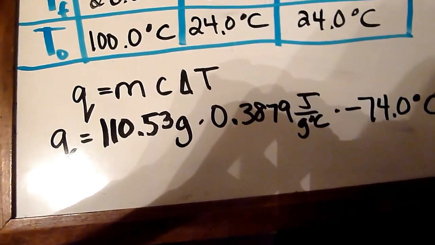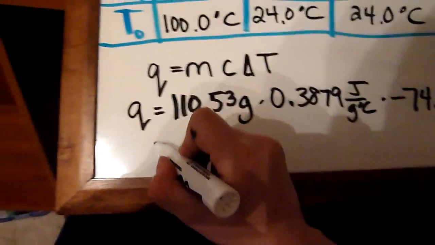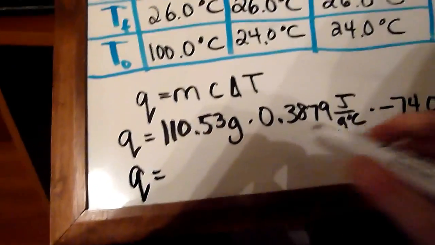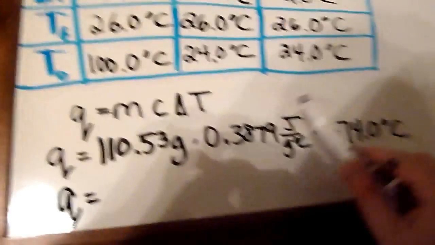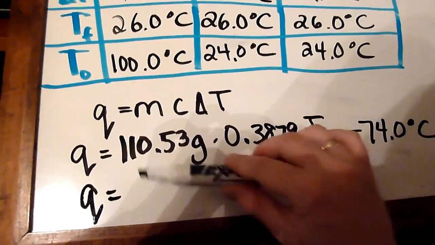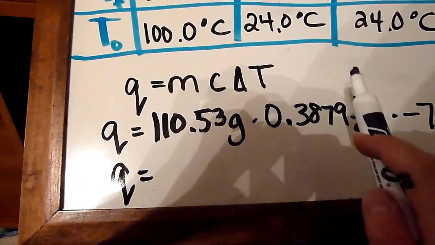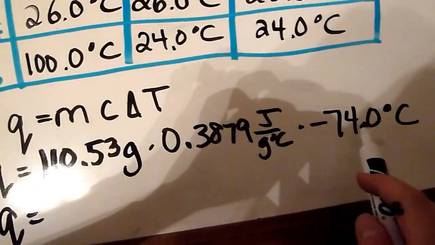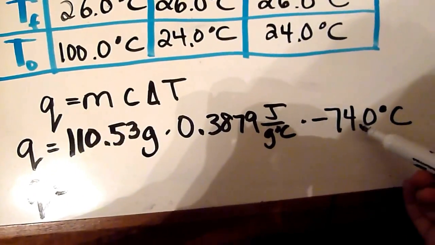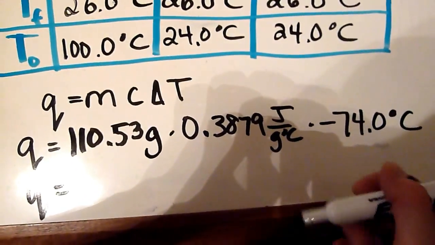74.0 degrees Celsius. If we type that all into our calculator, remember, as we're multiplying or dividing through a problem, in this case we're multiplying these three, we find we have 5 significant figures in this, 4 here, and 3 here. So our answer can only contain the smallest of those numbers, 3 significant figures.